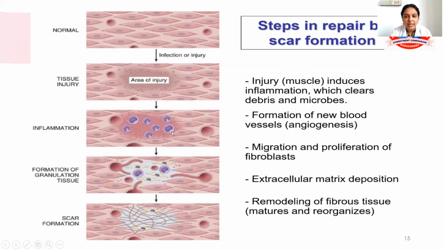The macrophages play an important role in the clearance of the debris. After that, there is formation of granulation tissue, as I have said before. It's composed of macrophages, proliferating fibroblasts, and newly formed thin-walled capillaries. See, finally, collagen synthesis, then scar formation, after which there will be remodeling of the fibrous tissue.